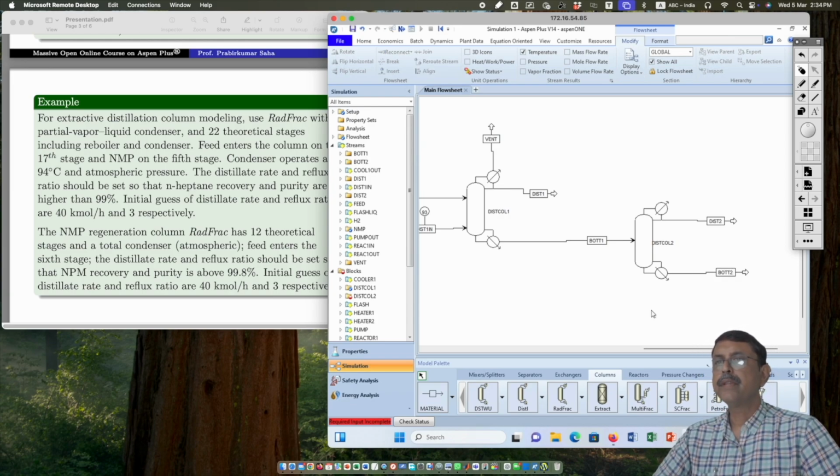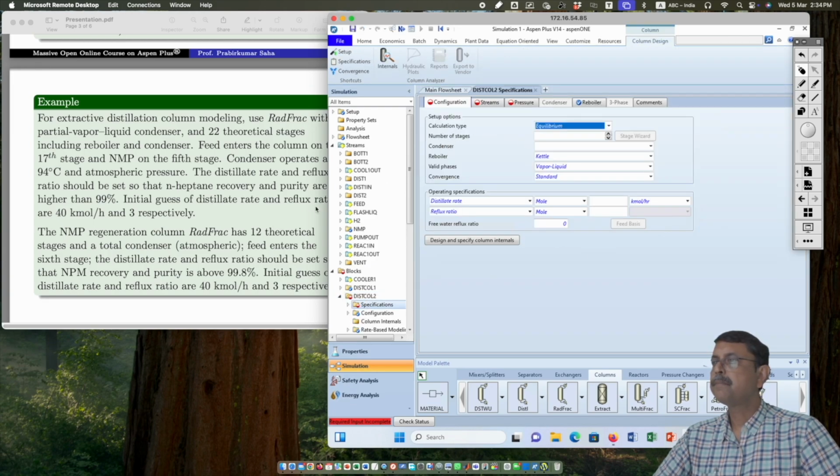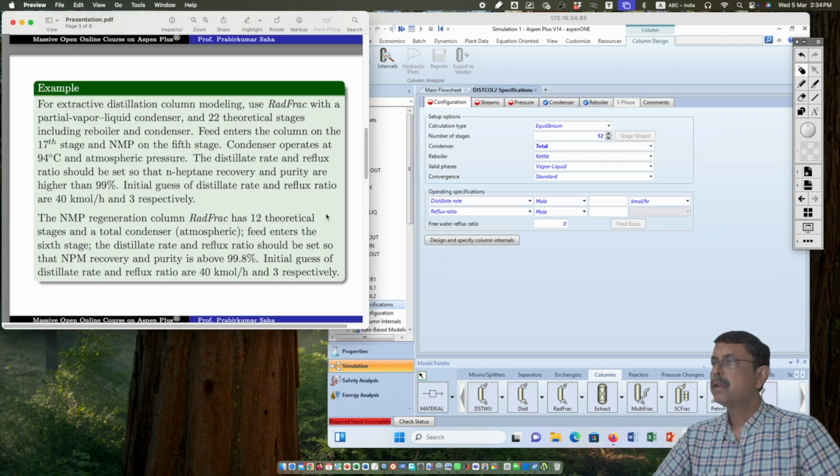So that way we are fixing the column, and obviously we have to specify it. It has 12 stages. The condenser is total, and again for the distillate rate and reflux ratio, we have to use a design spec to club with recovery and purity, but the initial guess is 40 and 3 respectively.